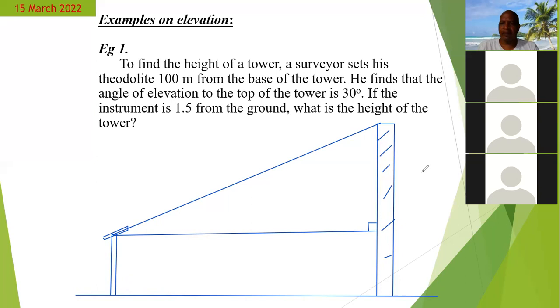Don't we need some more information? We have the degrees, we have the length from the tower, we have the length from the ground. Tell me where to put what, where to label what. Sir, labeling. Yes. All right, sir, you can put 30 degrees in that angle.